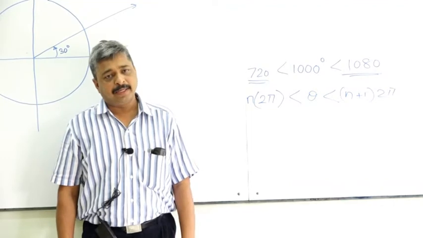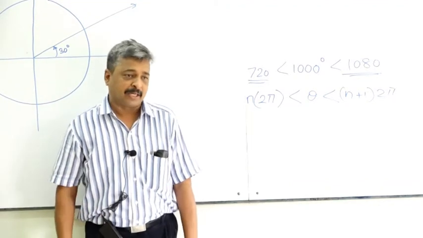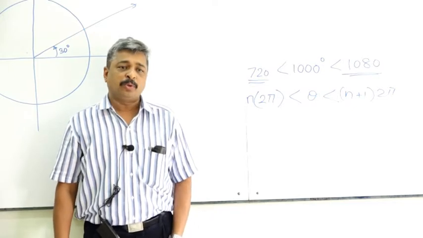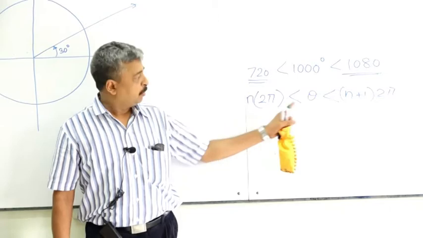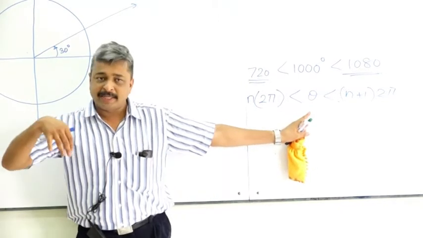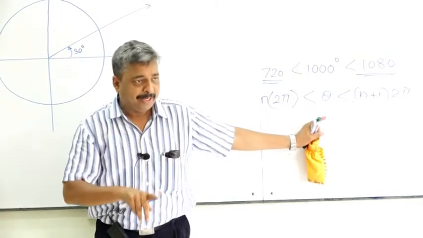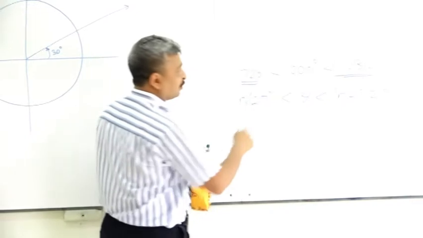Is that right? And therefore, if we really want to draw that angle on the unit circle, what do we need to do? We need to subtract this smaller number from theta, then we will end up in 0 to 2 pi. Understood? So suppose this is the case, 1000.